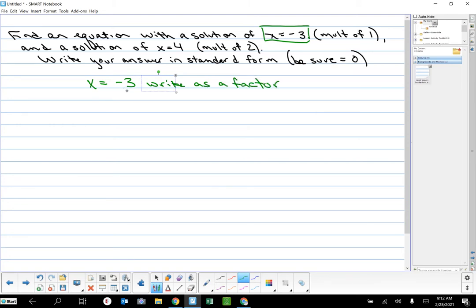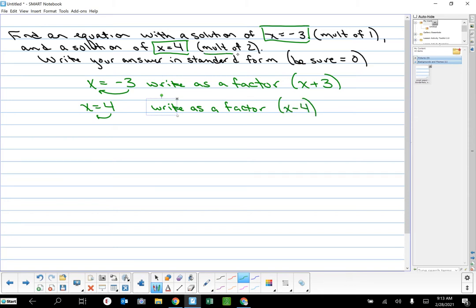Well, to write it as a factor, you need to swing that over there, and it's going to become a factor that looks like x plus 3. Okay. Also, we have one that says x equals 4. Again, write it as a factor. Okay, well, you're going to swing this over here, and it's going to become x minus 4. But we know this guy has a multiplicity of 2, so there's going to be 2 of these.